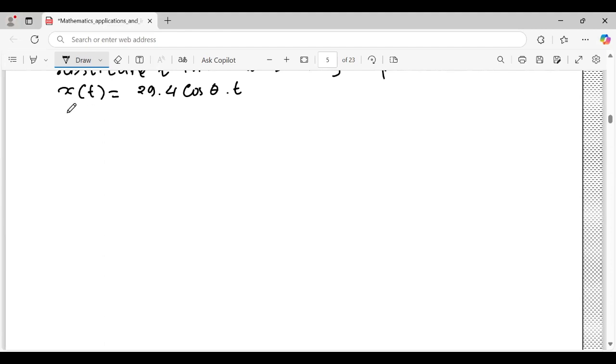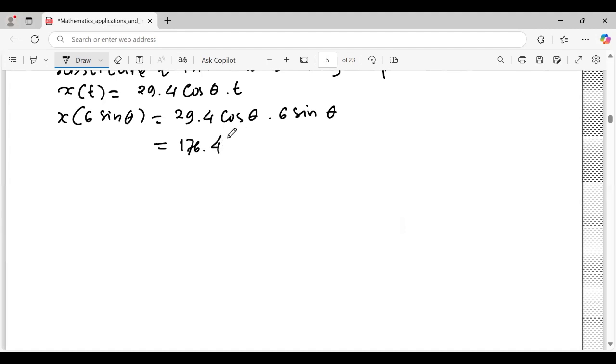So with t equals 6 sine theta, x equals 29.4 cosine theta multiplied by 6 sine theta. 29.4 multiplied by 6 is 176.4, so x is 176.4 sine theta cosine theta.